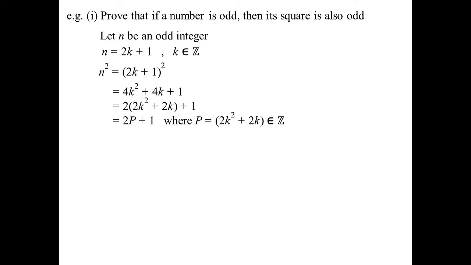So I have 2p plus 1, where p happens to be 2k squared plus 2k. That is an integer, and that was what we defined an odd number to be. So hence, if n is odd, then n squared is also odd. So that's a direct proof.